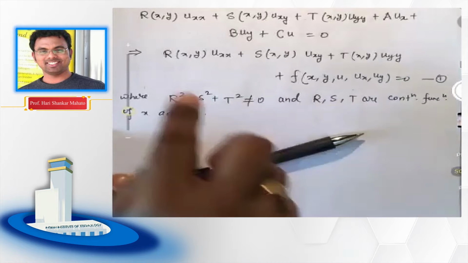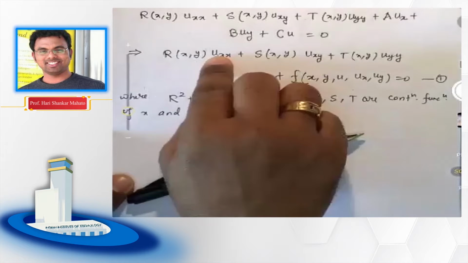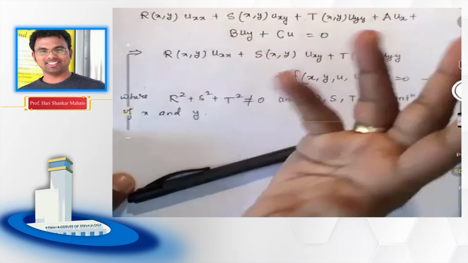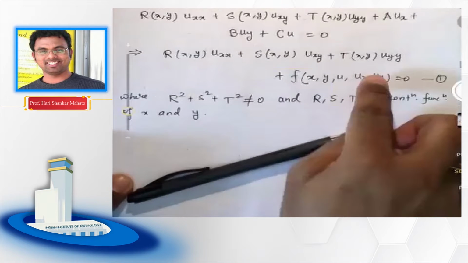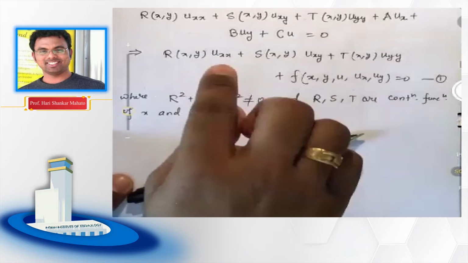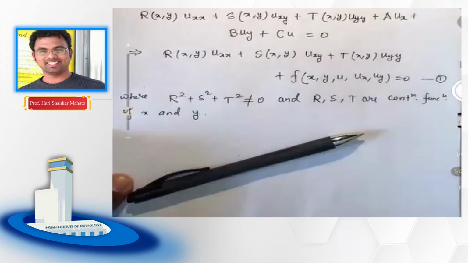Keep in mind that the capital R and the small r for the second order partial derivative are different. Another difference is the dependent variable. Up until the previous chapter I always used z, which you can also use here, but I feel more comfortable using the notation u. So for this chapter, I will use u as a function of x and y, where x and y are the independent variables. That's the only difference.